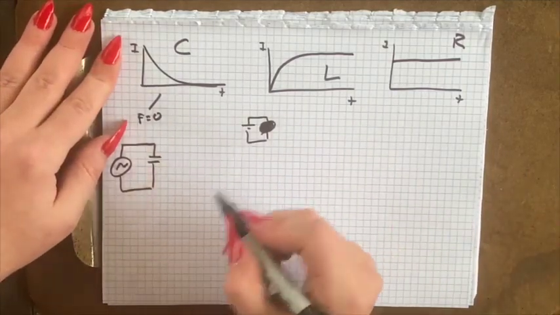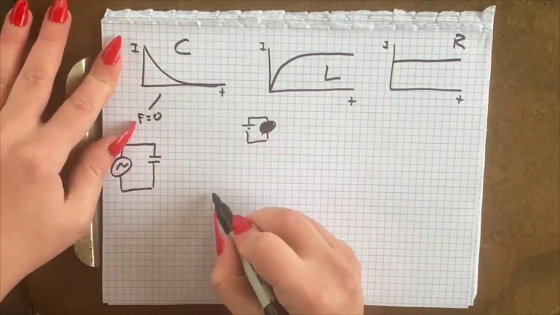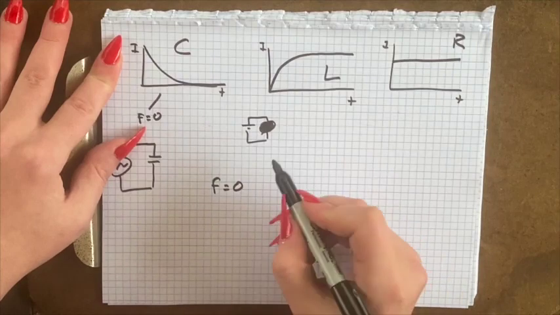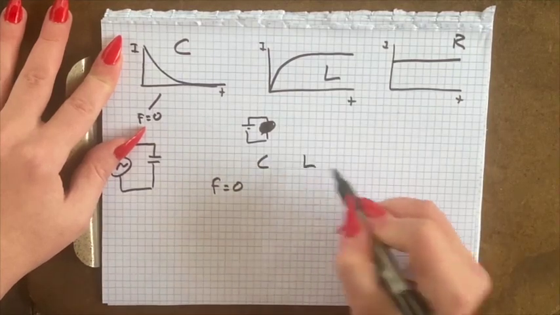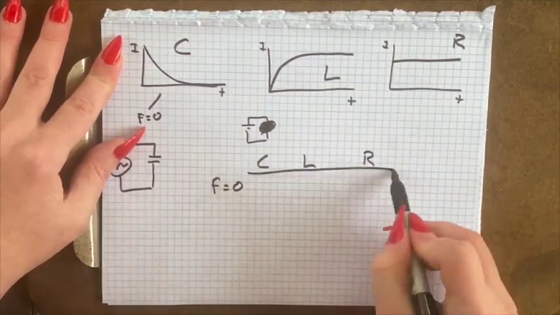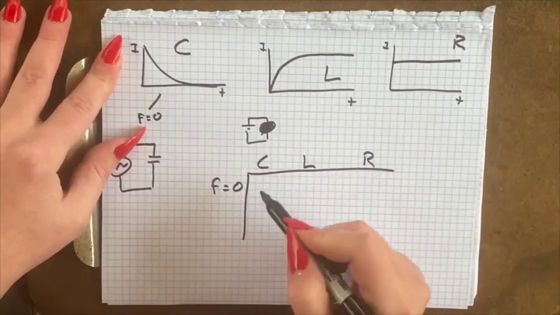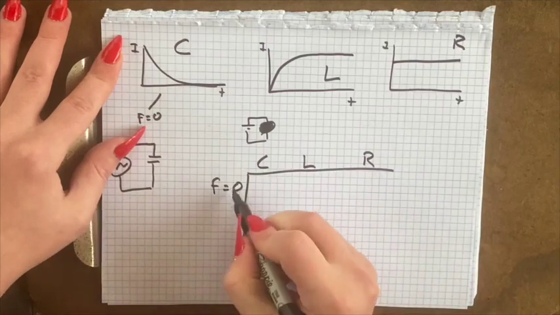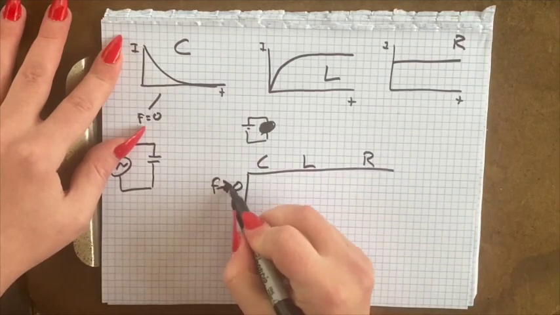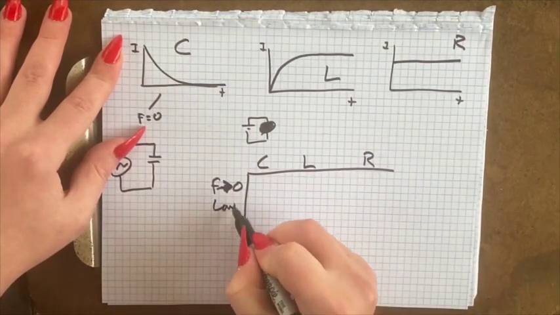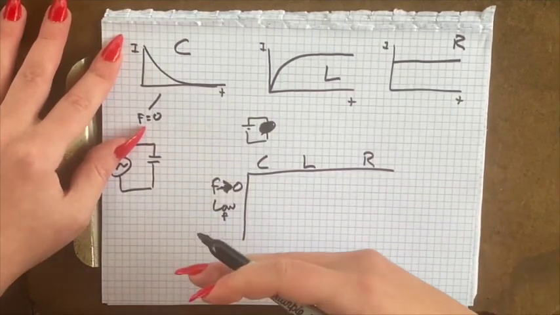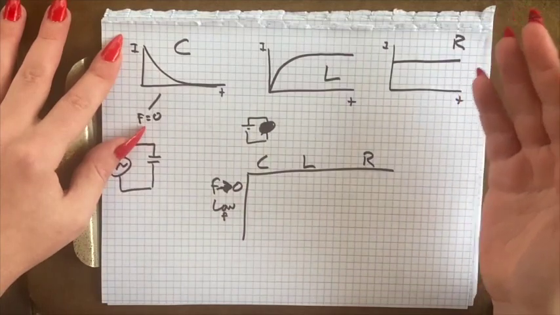So what would the results be in, say, I'll make my frequency 0, which is the DC case, and I want to ask about the current for the capacitor, the inductor, and the resistor. For the capacitor, what do you expect? If the frequency is 0 or low, let's just say not 0, but towards 0, right? Low frequency. There's a lot of time between cycles. We'll see the current come into the capacitor a little bit, right?